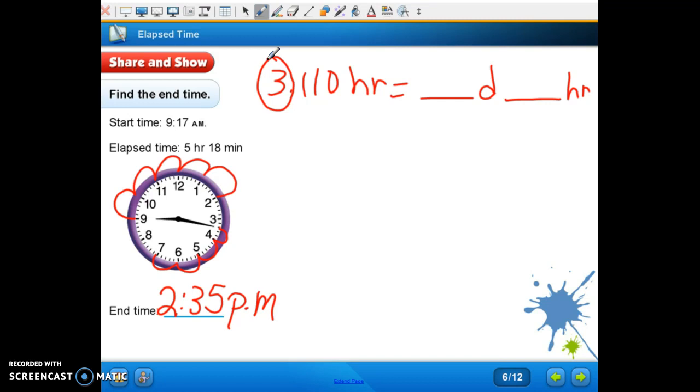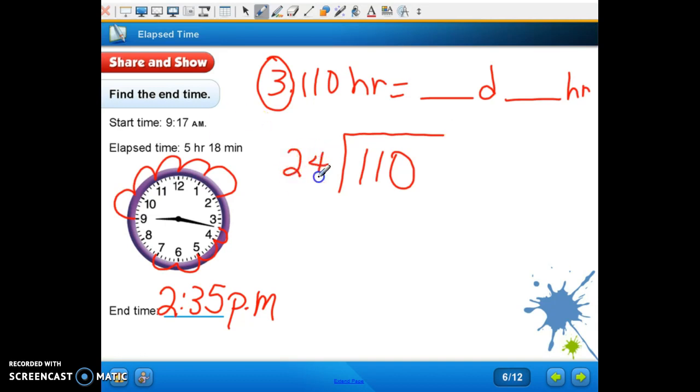Okay, now that you're back with me, if I have 110 hours, I'm going to have to make that days. I'm going from a small unit of measure, right, to a larger unit. An hour is shorter than a day. So how many hours are in one day? 24.